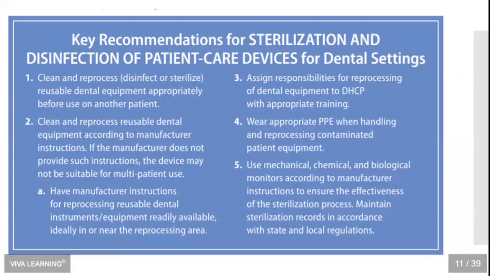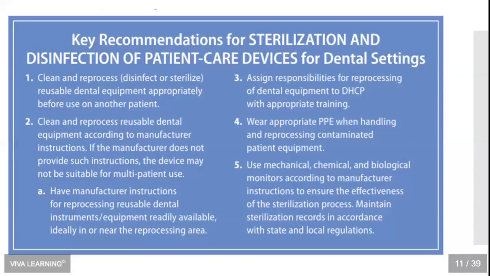And there I go again with manufacturer's instructions. If the manufacturer does not provide instructions, the device may not be suitable for multi-patient use. In other words, if you don't have manufacturer's instructions, the item might be considered a single-use disposable item, and you may be required to discard it after using it a single time.